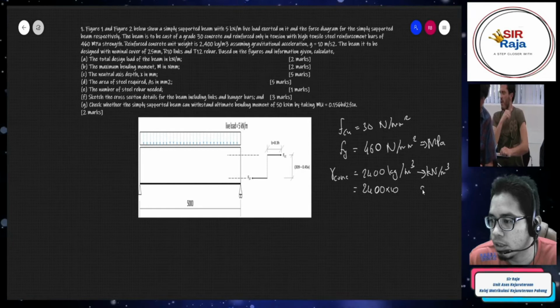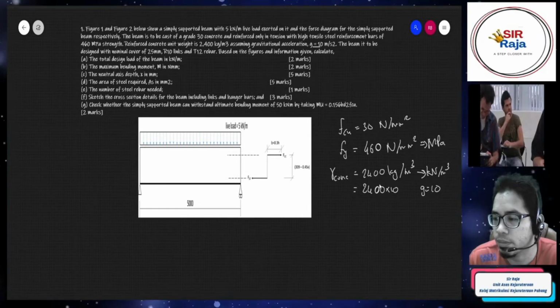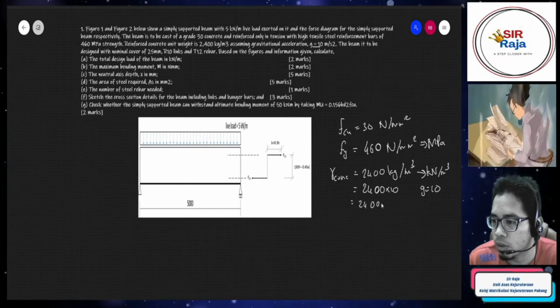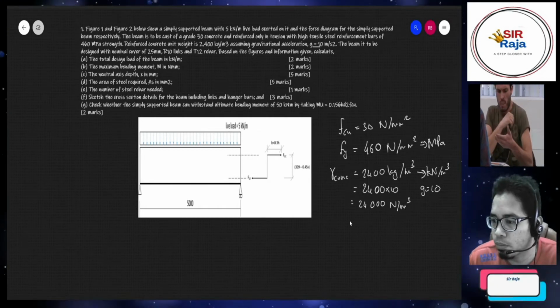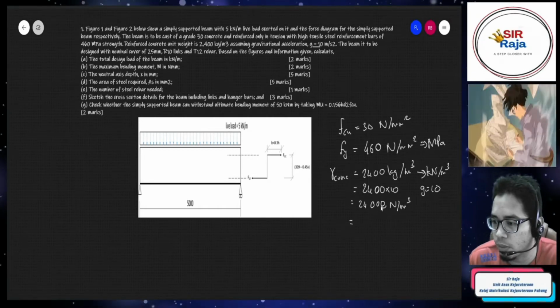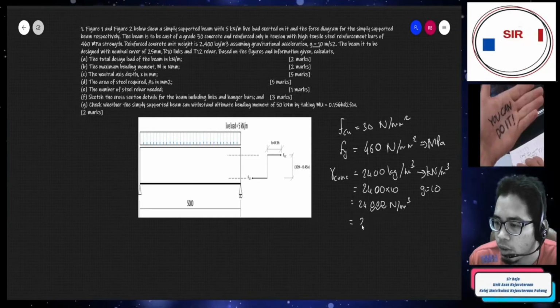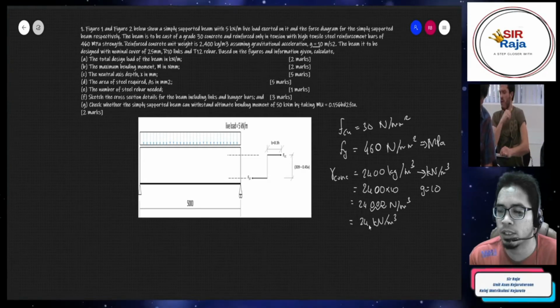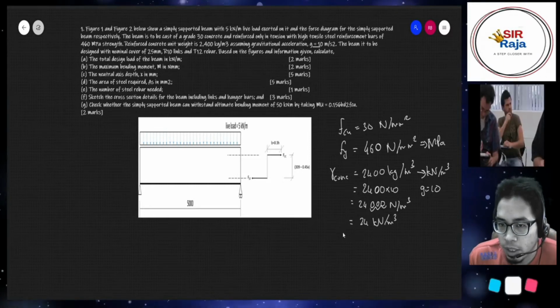The g is 10, given from the question here. It would be 24,000 Newton per meter cube. But we want to change it to kilonewton, so divide by 1000, or times 10 to the power of -3. We get 24 kilonewton per meter cube, the same as the typical number that we have had previously in any other questions.